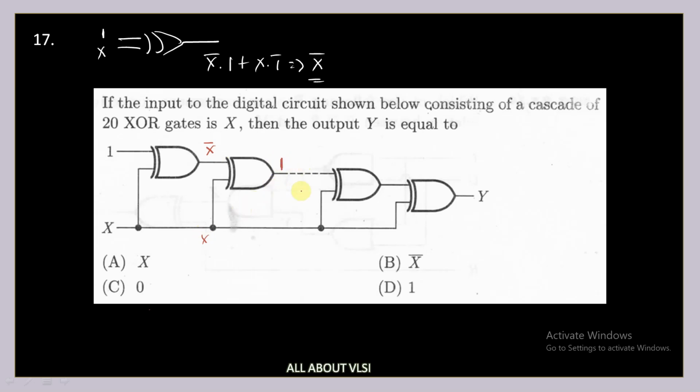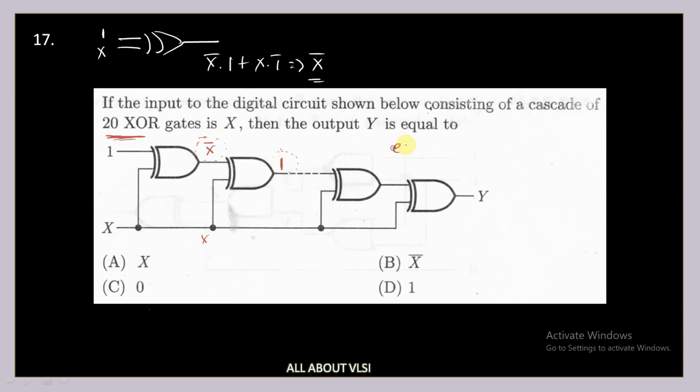Now, how many gates do we have? 20 XOR gates. We cannot do it for each and every individual gate, right? So what we should do here is take one analysis. If we have one XOR gate, then we get X bar as our output, and if we have two XOR gates, we get 1 as our output.